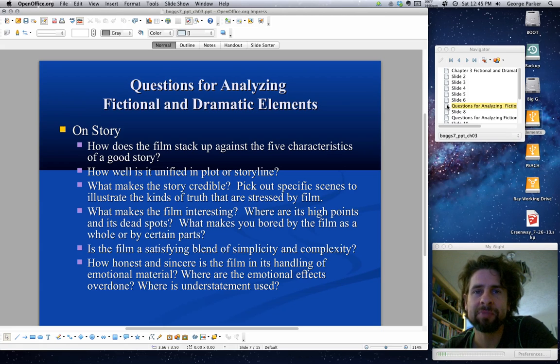A huge aspect of this class, and of you becoming educated in how cinema works, is learning to articulate what's going on and how a film works. So this exercise is really about articulation. It's less about how well you can write a paper in a critical analysis. It's how articulate you can become about how a film works.